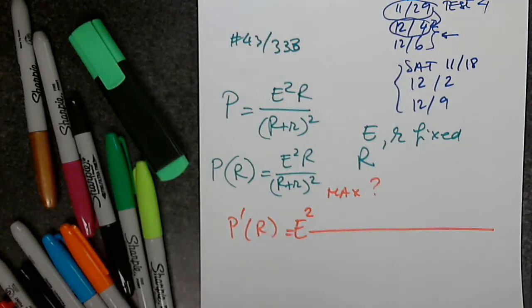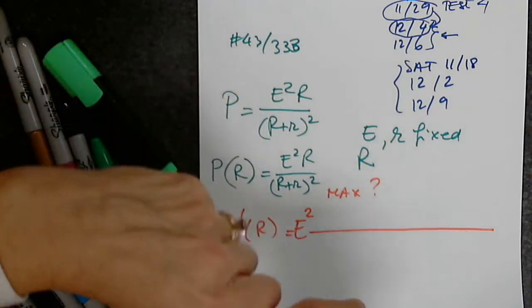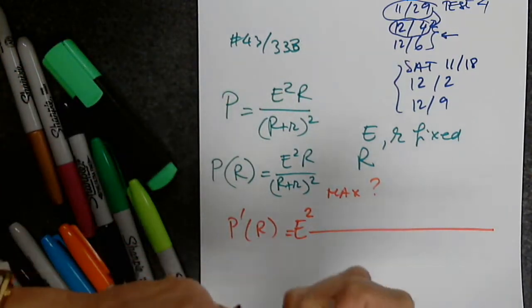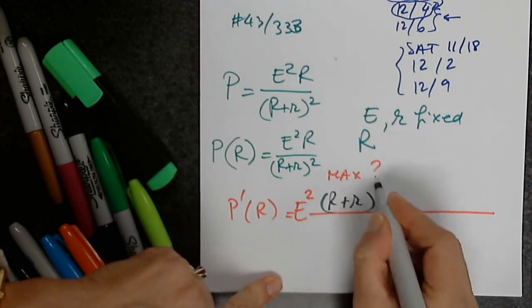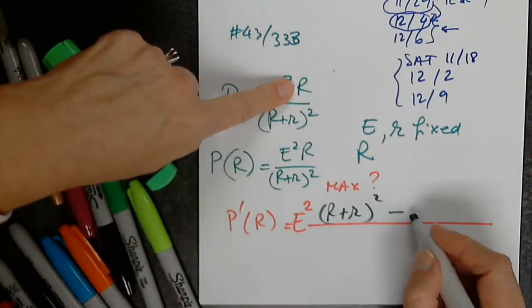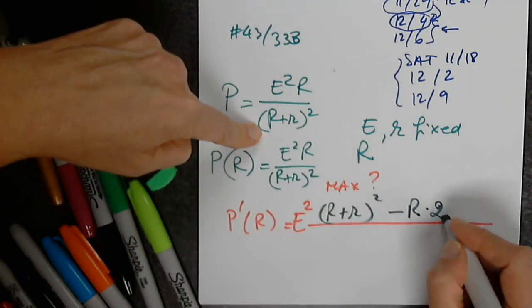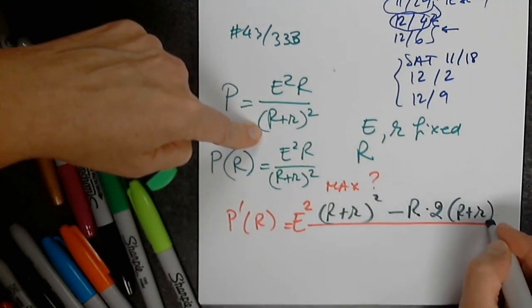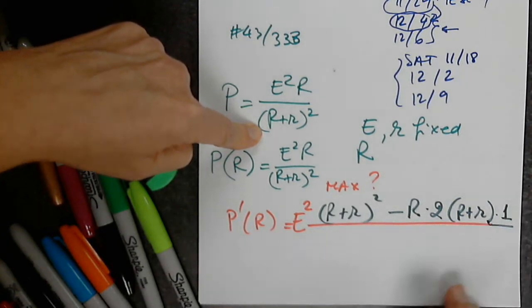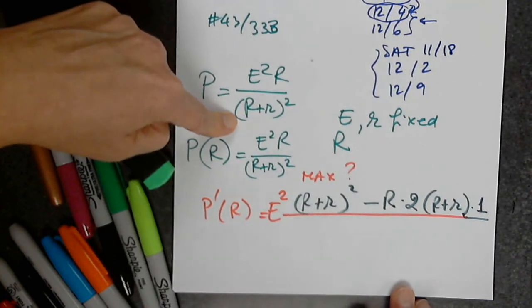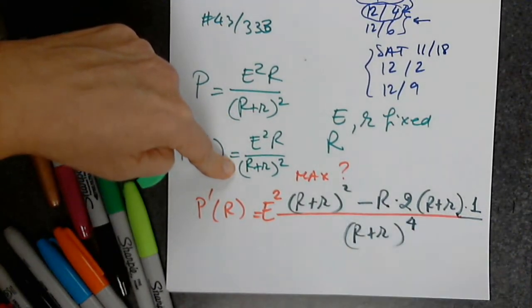So the top prime is R prime, which is 1, times the denominator, so it's r plus R squared, minus the top times the denominator prime, which is 2 times (r plus R) times the inner function prime, which will be 1. I don't even have to write it. Everything divided by (r plus R) to the 4th power.